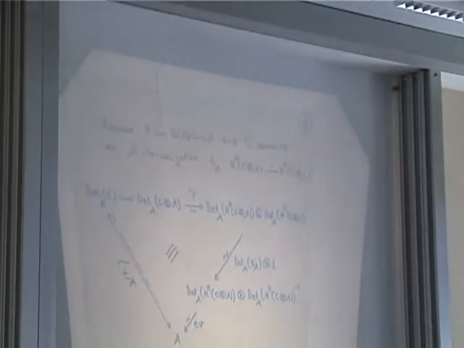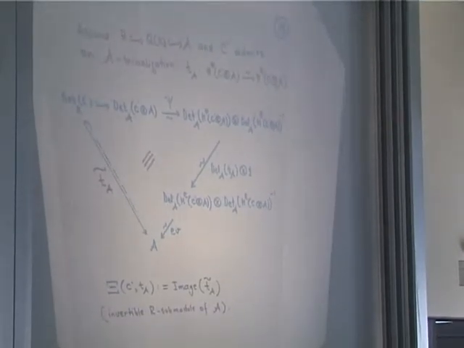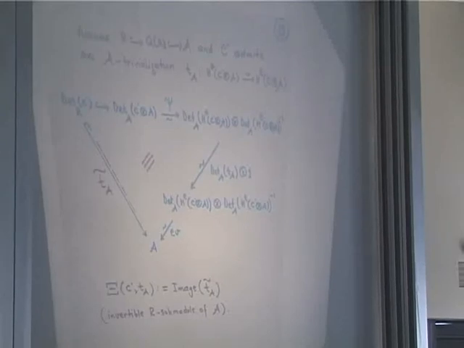So what you have to keep in mind is this. If I give you a perfect complex of R modules with an A trivialization, then automatically you can associate to it an invariant, which is an invertible R submodule of this algebra A.